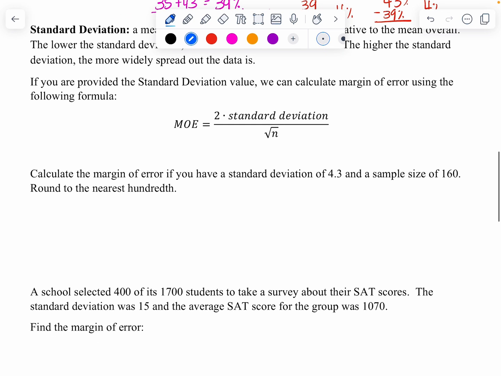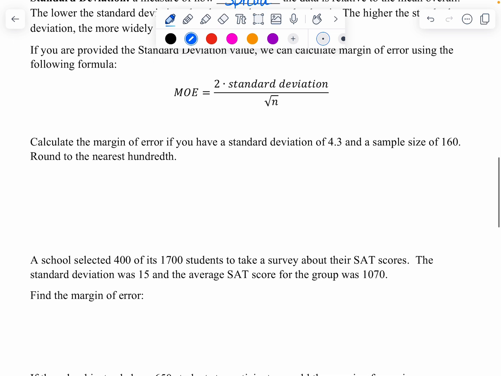If you're provided the standard deviation value, we can calculate the margin of error using a formula. So we're going to calculate the margin of error if you have a standard deviation of 4.3. So this is our standard deviation. Let's just draw an arrow. And we have a sample size, our N value, of 160. So our margin of error is equal to 2 times our standard deviation divided by the square root of our sample size.